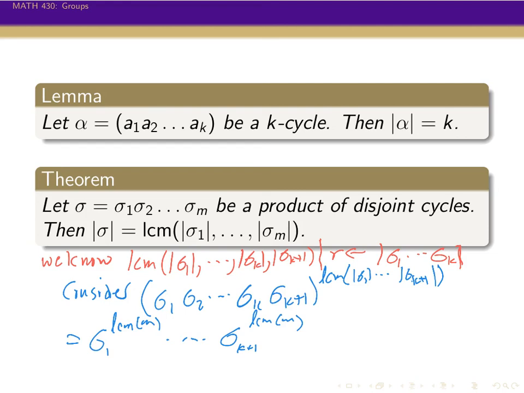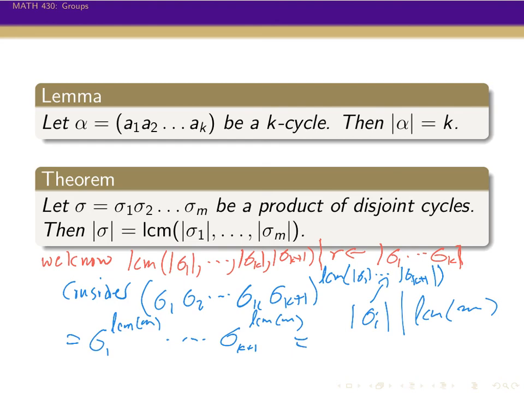Well, note that the order of sigma i is going to divide this LCM of all this stuff, because sigma i is somewhere inside of here, right? And so since it's a least common multiple of something that includes sigma i, it must be a multiple of the order of sigma i.